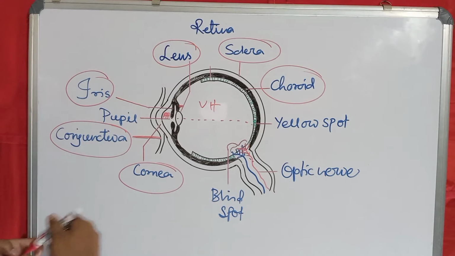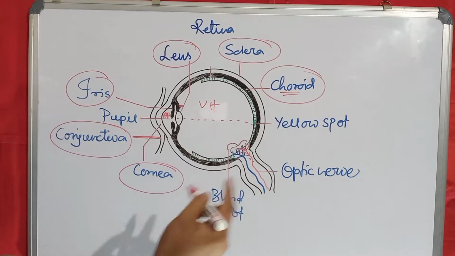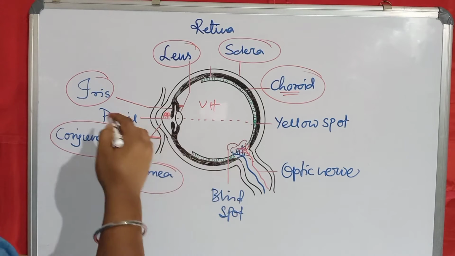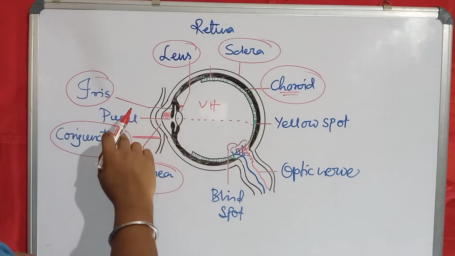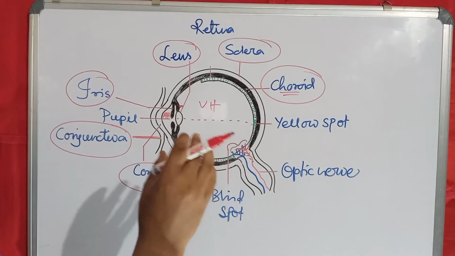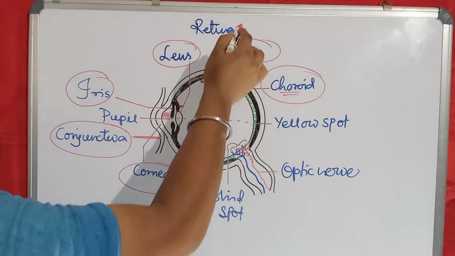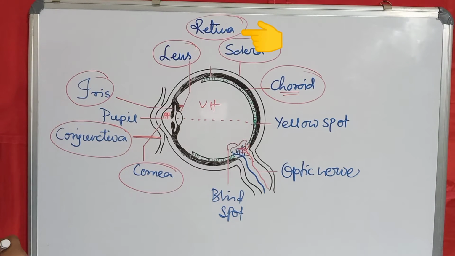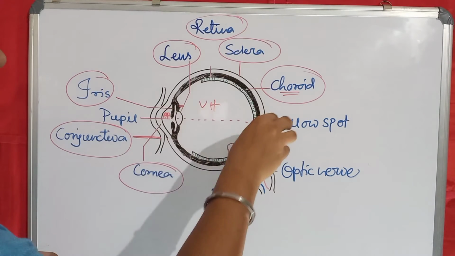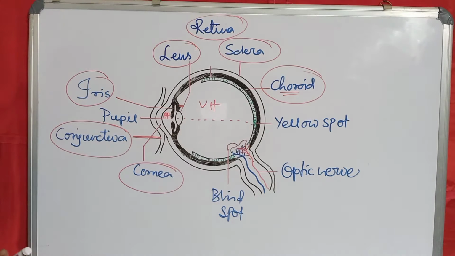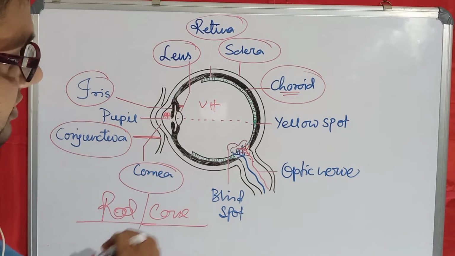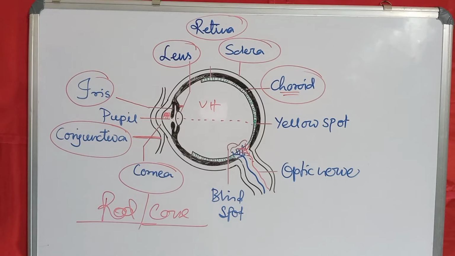Now this choroid also does another work: it resists the light from passing away while it enters, and it helps this green portion, the retina, work properly, because when the light enters and focuses on the retina portion, the retina consists of rod cells and cone cells, where rod cells contain rhodopsin and cone cells produce iodopsin pigment that helps to catch the image and form an image.